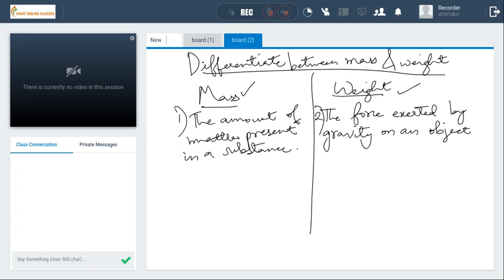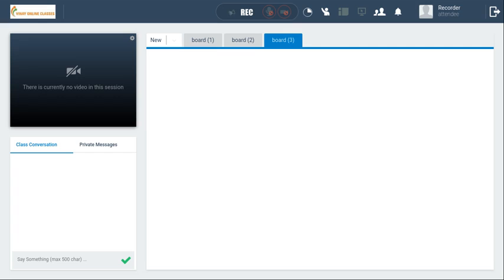Okay, so what is the difference between these two? Like, if I say, like, what is gravity? It's the force exerted by the earth on us. So the force exerted on us on the earth and on the moon will be different.